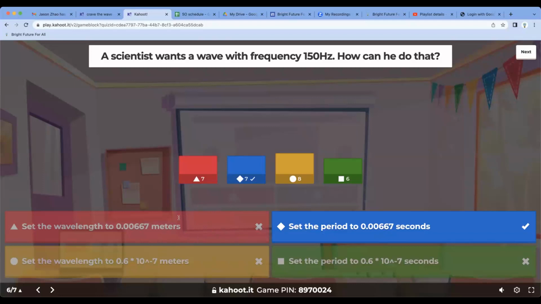Frequency has nothing to do at all with wavelength. Since we didn't specify that speed is conserved, we cannot assume that the equation V equals lambda F actually can work. So we can only find out the period.